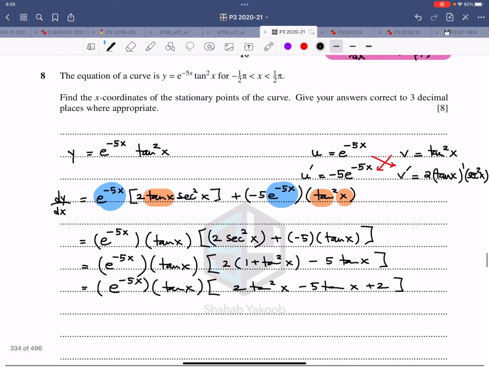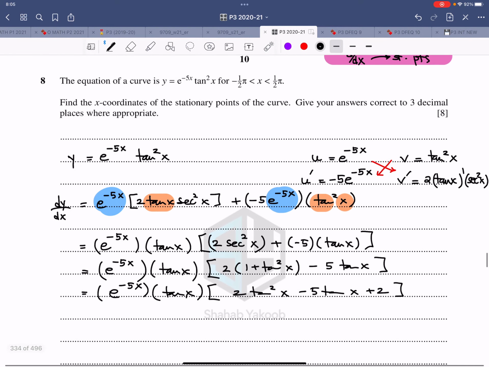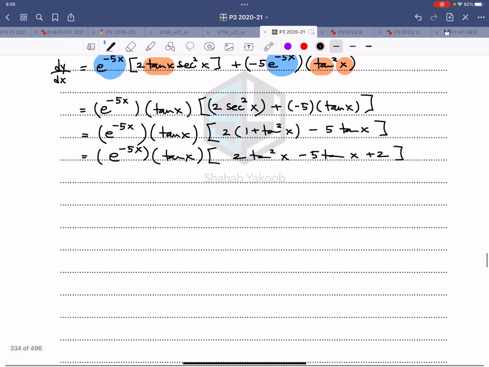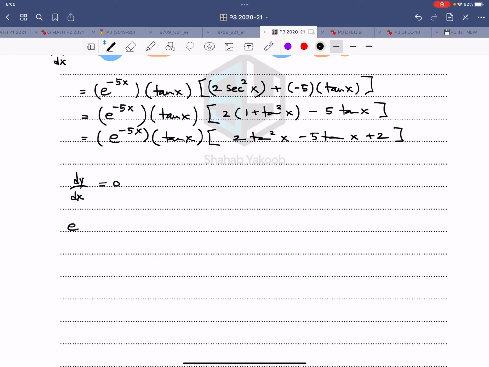Find the x coordinates of the stationary points on the curve. So what are these stationary points that we get? First of all, dy by dx equals 0. And how many stationary points will you be getting? Let's see. e raised to power of minus 5x equals 0. No solution. e raised to any power can never be 0.